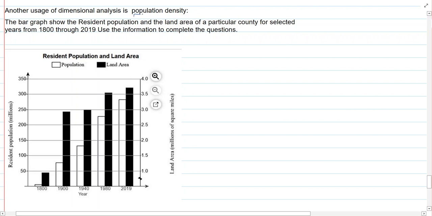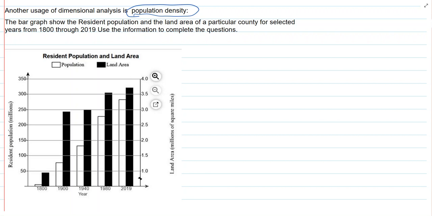It says population density. And so that means how many people per area, whatever the area designation is. A bar graph shows the resident population and the land area of a particular county for selected years from 1800 through 2019. Use the information to compute the questions.